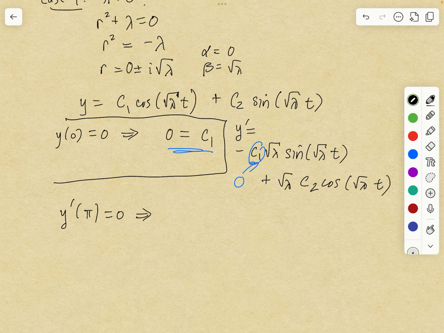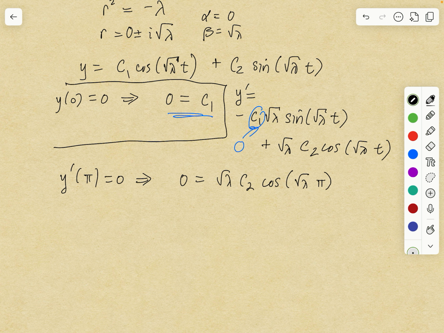So when I plug in t equals pi and set the result equal to 0, I get 0 equals the square root of lambda times c2 times cosine of the square root of lambda times pi. Now this cosine doesn't simplify because the square root of lambda in general is not an integer.